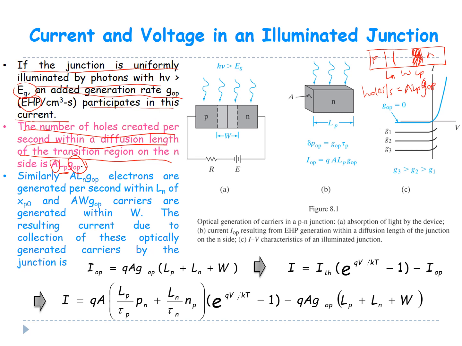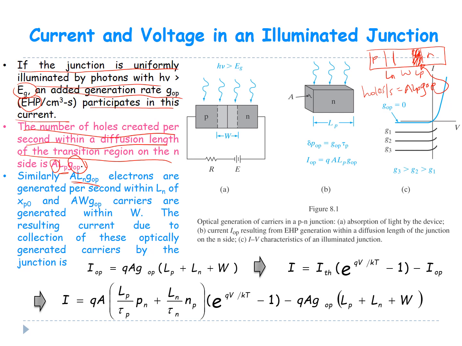So the number of holes created per second here in our illumination is equal to that. So this is GOP, the optical generation rate, which is what we have here.